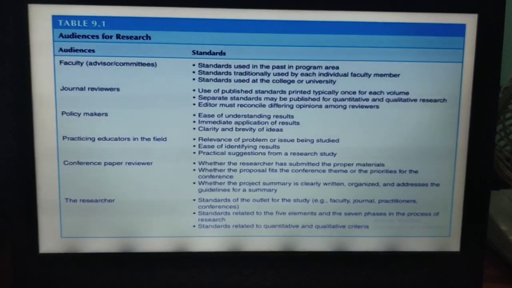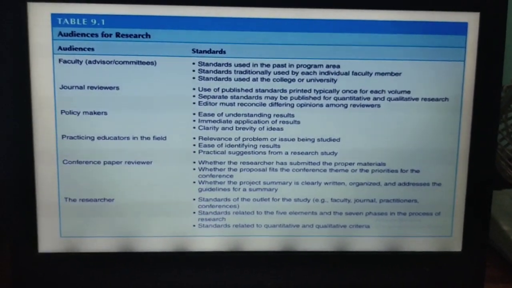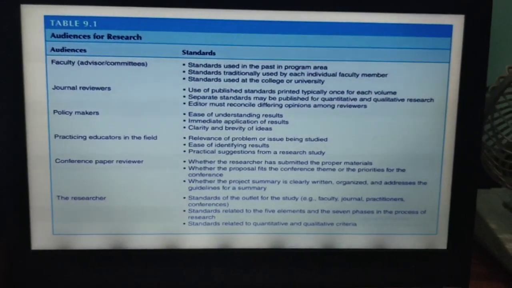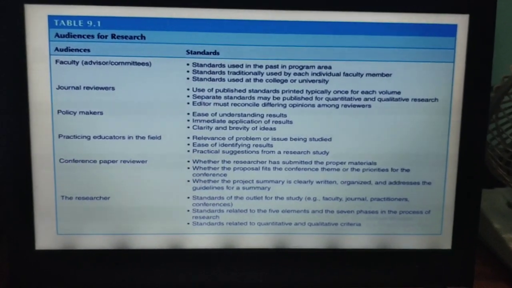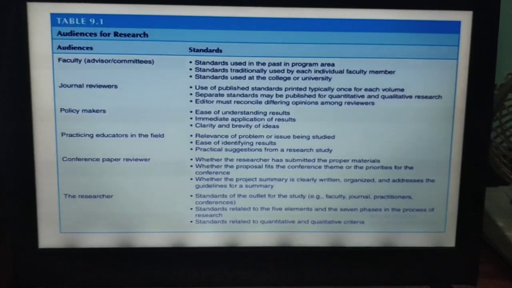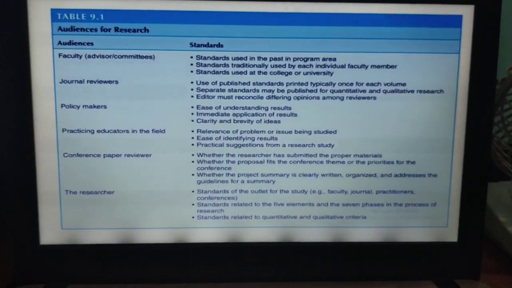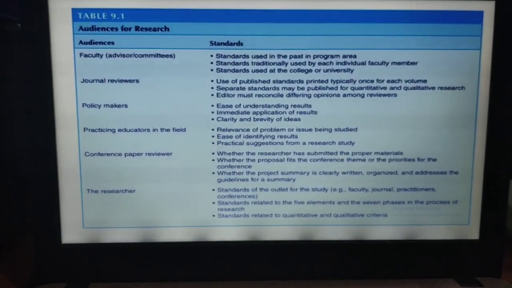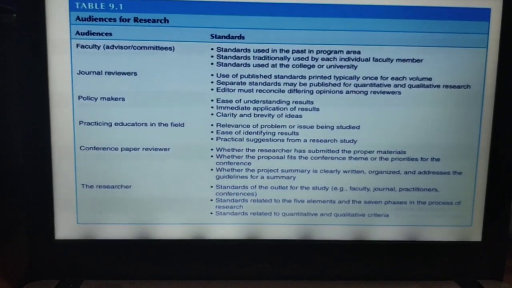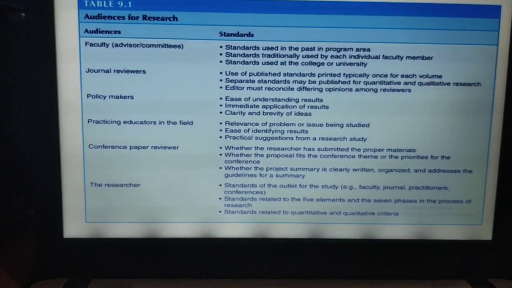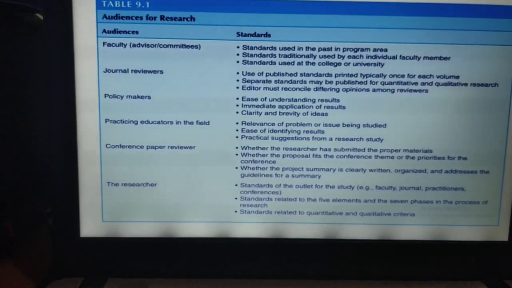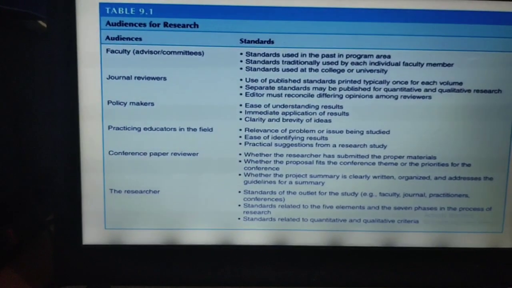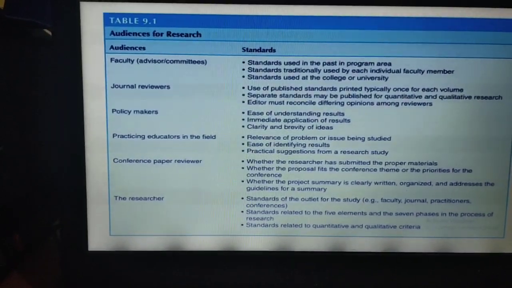Journal reviewers and journal editors employ criteria presented once a year, typically in the journal and often on the journal's web page. So you can see standards for faculty, standards for journals, for practicing educators in the field, for conference paper reviews, and for the researcher. You can find the standards in this table.